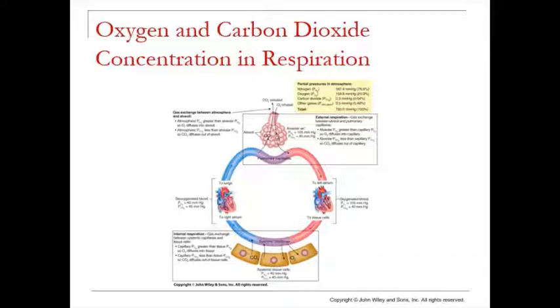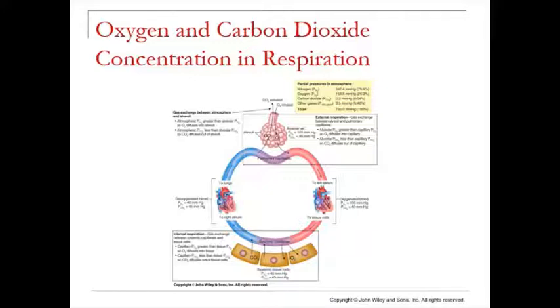But in the blood, the partial pressure of oxygen is only 100 millimeters mercury. Even though it's only a 5 millimeter difference, it's still a difference, and it's lower in the blood. So that oxygen will go down its concentration gradient, or in this case, partial pressure gradient, into the bloodstream.